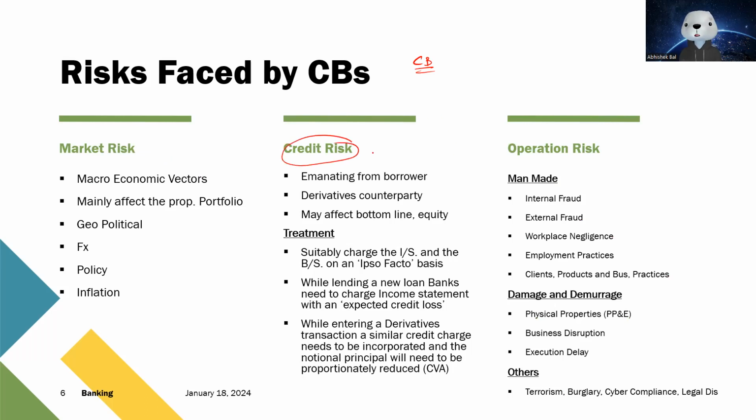I'm sure that it's not going to be that much of a trouble to understand that a commercial bank will face credit risk. Why? For one simple reason, that it is a lender. So anybody who borrows from the bank obviously also renders some sort of risk. What is that risk? The risk of default. What do we mean by default?